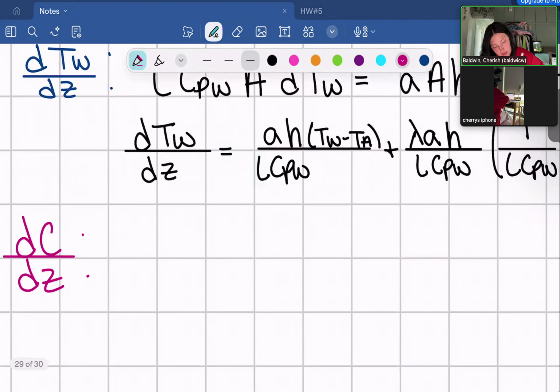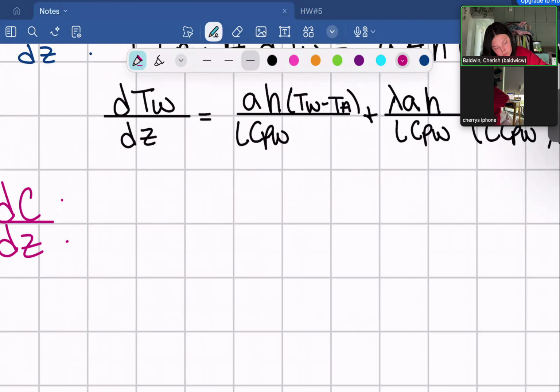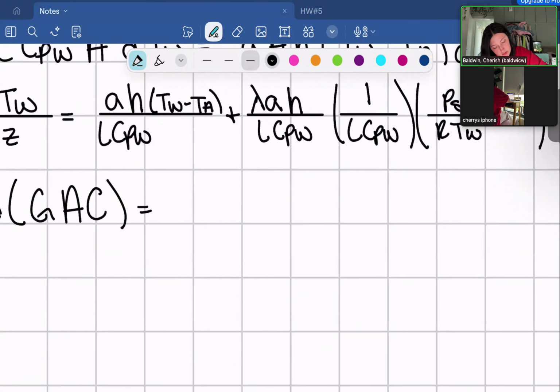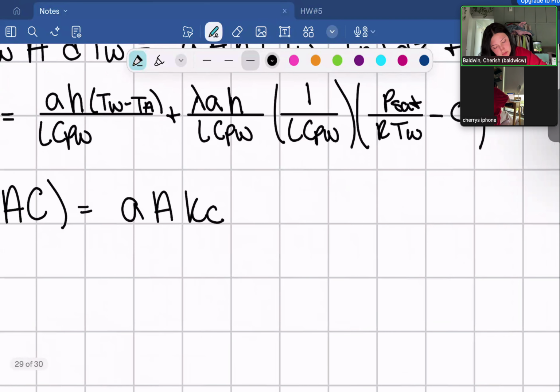So this is then equal to the derivative of the flow rate of air times the area times the concentration, which is equal to the area of the packing times the area of the tubing times the mass transfer coefficient times the concentration of water minus the concentration, and this is all through dz.